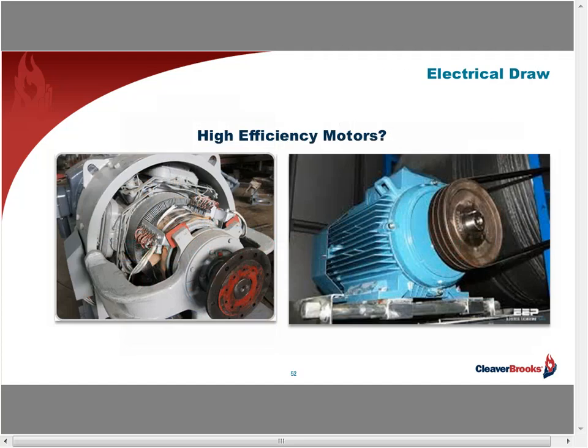Now let's take a brief look at the electrical consumption on the boiler, and of course that takes us to the motors as noted earlier. What I might quickly add is that when we boiler manufacturers are designing our boiler packages, we strive to apply the lowest horsepower motor that we can that will satisfy the need as efficiently as possible.